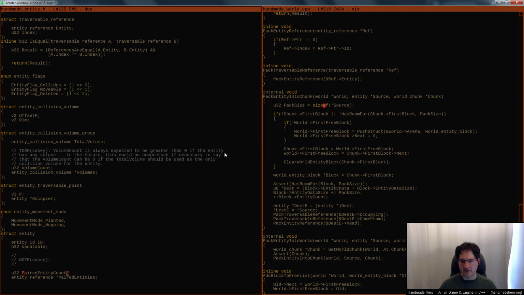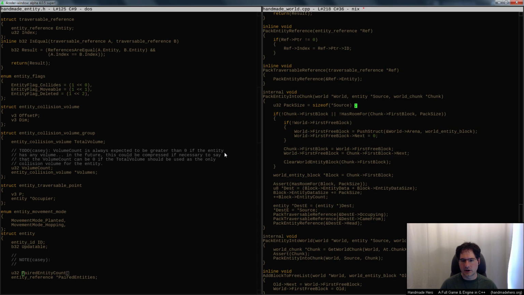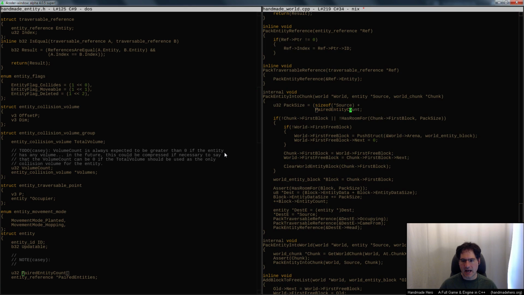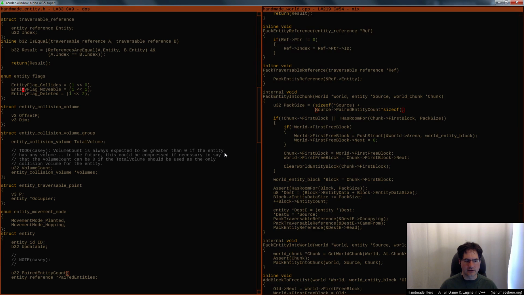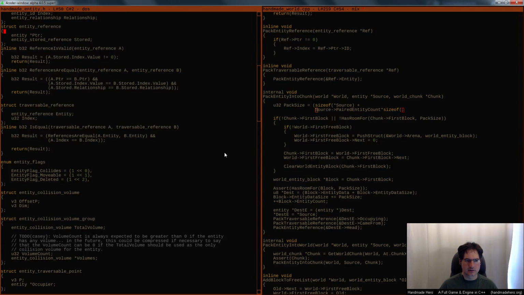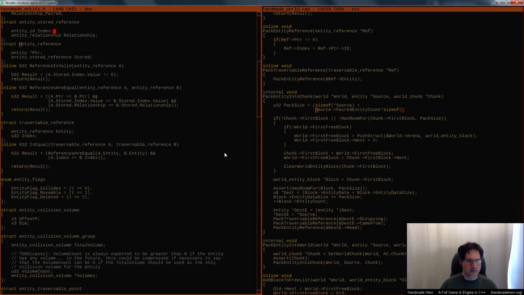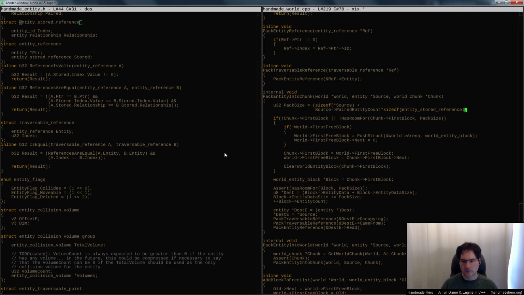So our pack size is the size of the source plus some data, however many paired entities there are times the size of the stored entity reference. Right? So that's how we actually would compute how much room we need now, which is more than just the room for the entity itself.